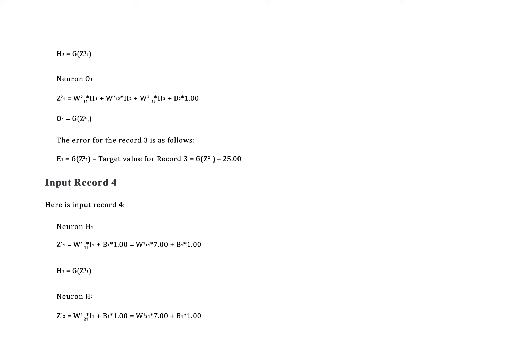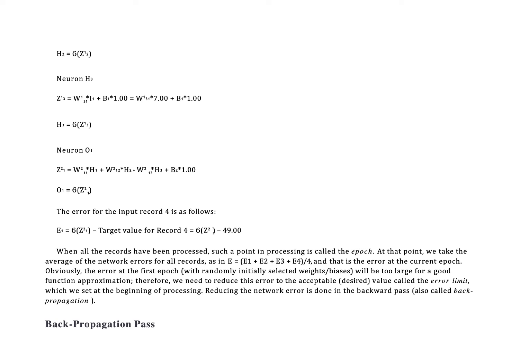which is 25.00. Input record 4, neuron H1: Z11 equals W111 asterisk I1 plus B1 asterisk 1.00, equals W111 asterisk 7.00 plus B1 asterisk 1.00. H1 equals Z11. Neuron H2: Z12 equals W121 asterisk 7.00 plus B1 asterisk 1.00. H2 equals Z12.